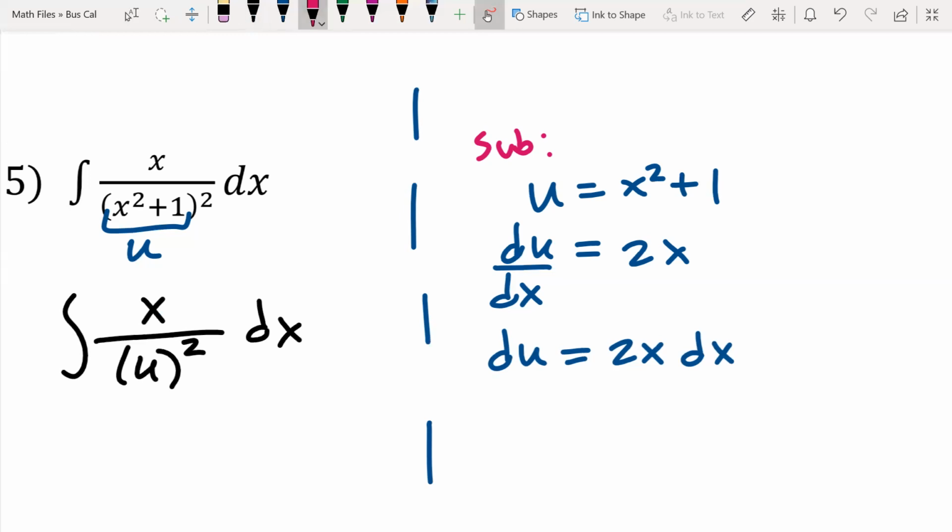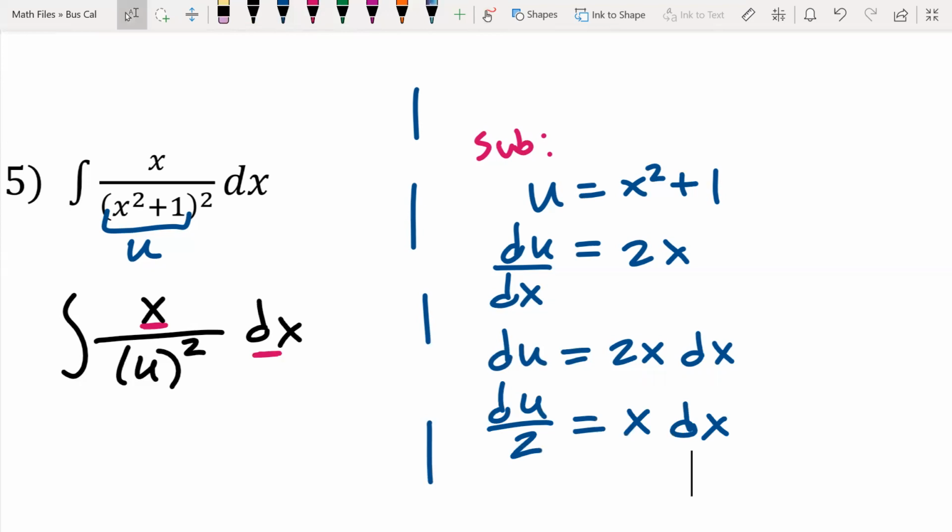So we have to get rid of x and dx. If we look at my substitution, I have an x and a dx. To get that by itself, I'm just going to divide by 2, so you'll get du over 2 equals x dx.